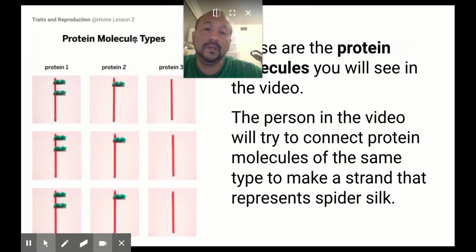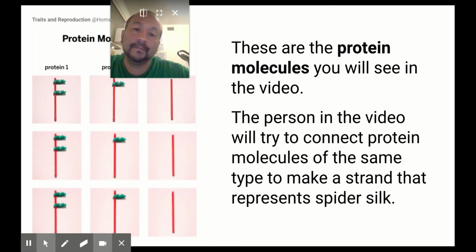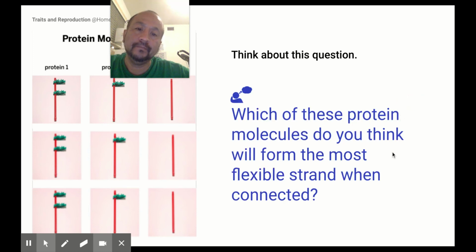These are the protein molecules that you will see in the video. The person in the video will try to connect the protein molecules of the same type to make a strand that represents the spider silk. Think about this question. Which of these protein molecules do you think will form the most flexible strand when connected?